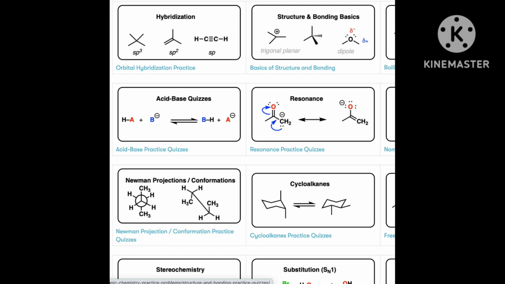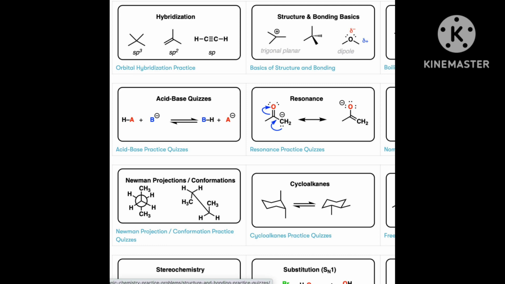Then the p orbitals are mutually parallel, and both the p orbitals are perpendicular to the plane of the molecule. This is how a pi bond forms.